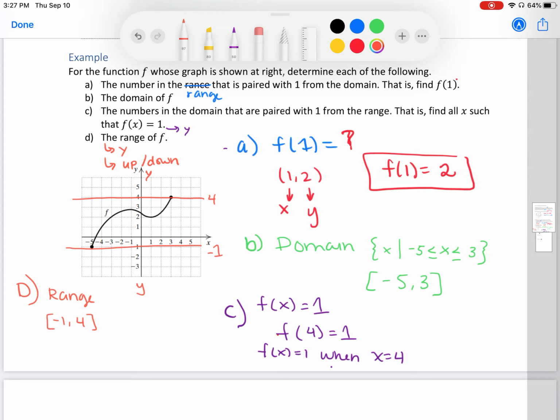In set builder, I guess we can write it as, we're talking about our y's. Instead of x, we'll write y such that -1 less than or equal to y less than or equal to 4. Remember, when we're enclosing a value, we use that compound inequality for our number line.